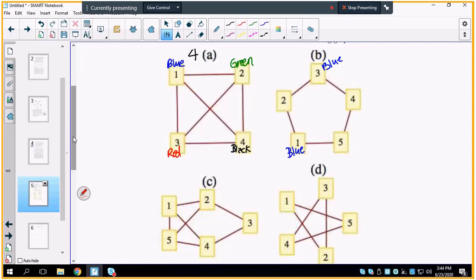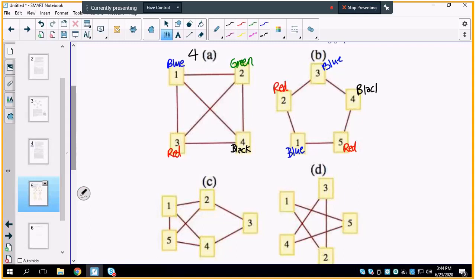Okay, so let's say I decide to make 5 red instead. Well, then I can't make 4 red because red is connected to 5. I have no problem with 2 though. And so then I have to just give 4 some other color.